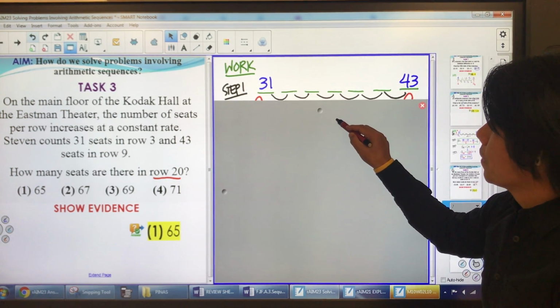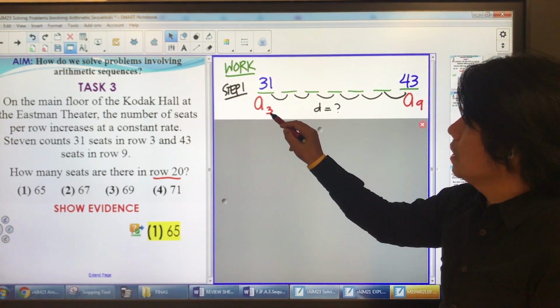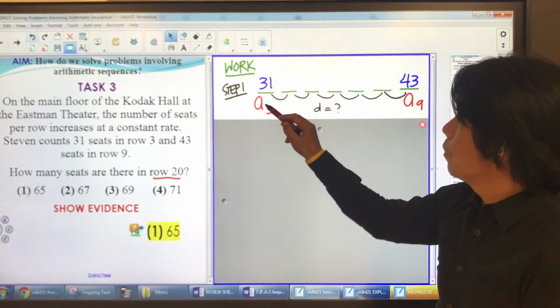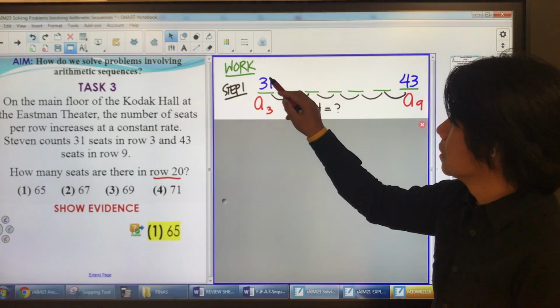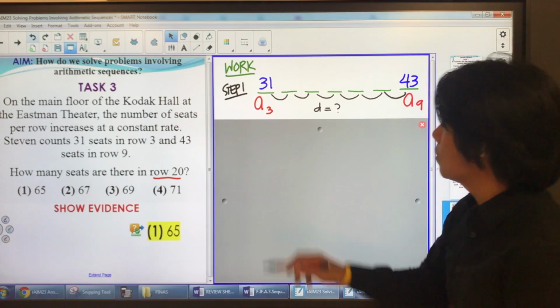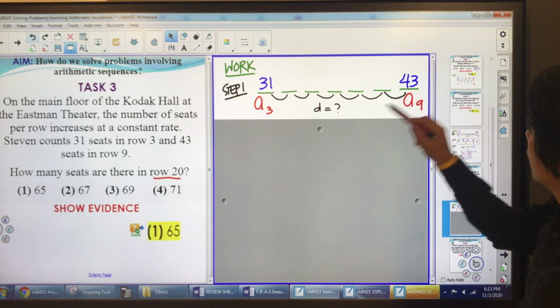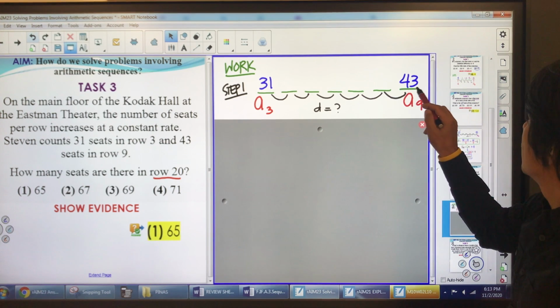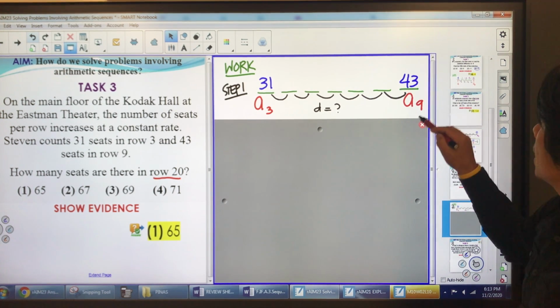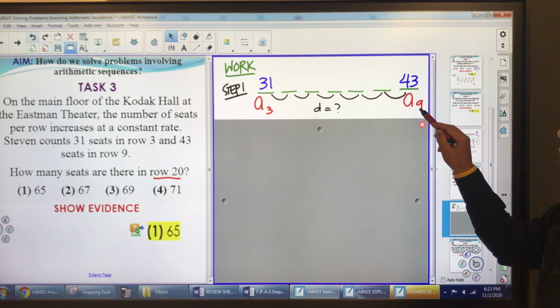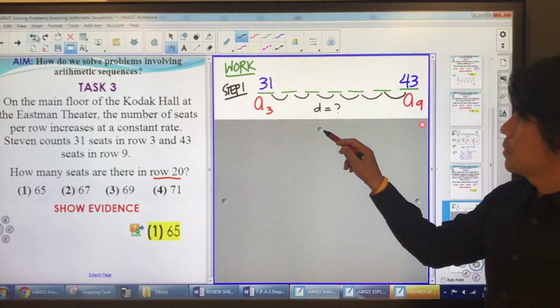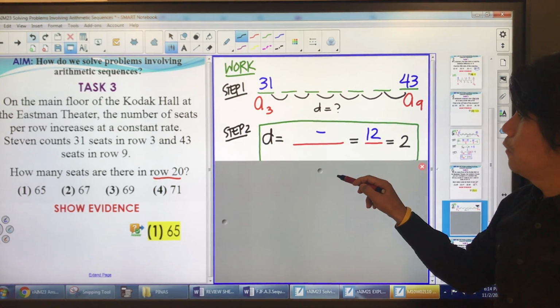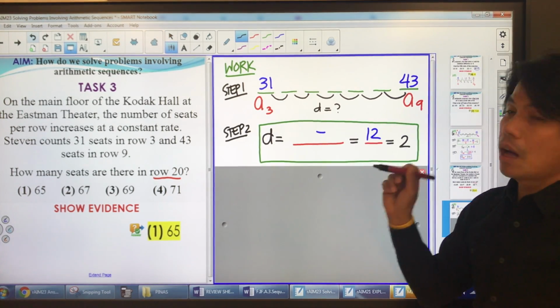set it up. So a sub 3 is your row 3, which is 31 seats, right? There are 31 seats in row 3, and so this is 3, 4, 5, 6, 7, 8, 9, and 43 seats in row 9. So step 2, we need to find d, or the common difference.